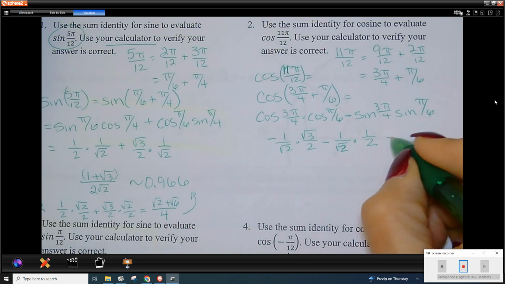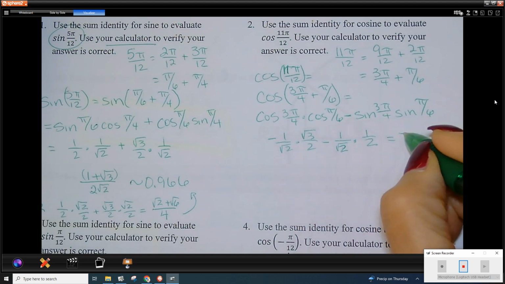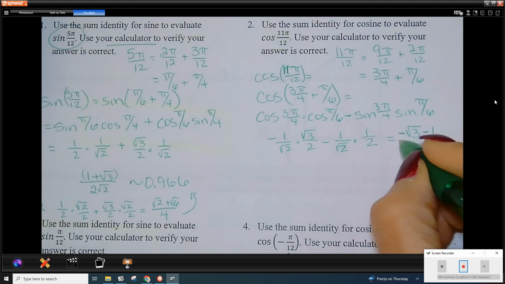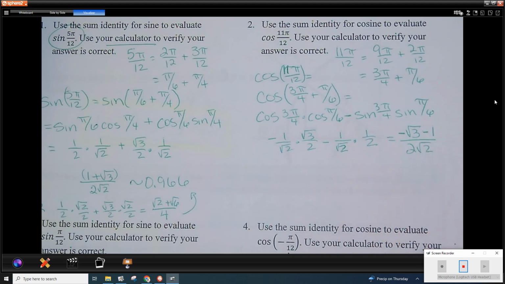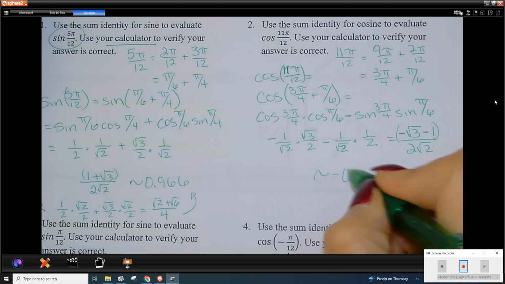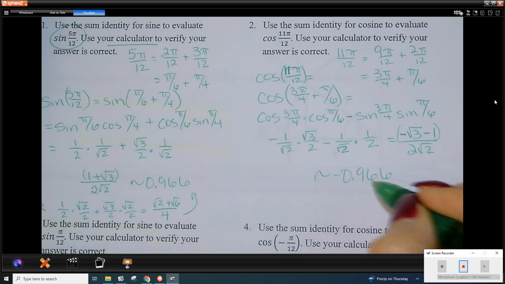So I could write the numerators together, negative square root of 3 minus 1 times 1 over 2 square root of 2. And putting that in a calculator, either you need to have the vertical division or do this first, then enter, then divide. But you should get about negative 0.966.